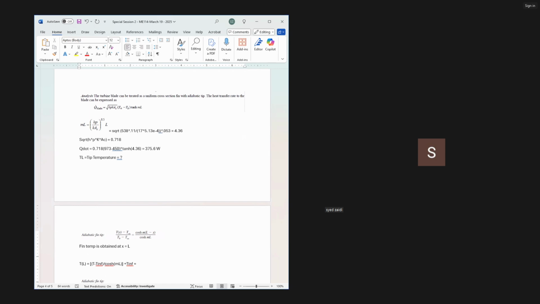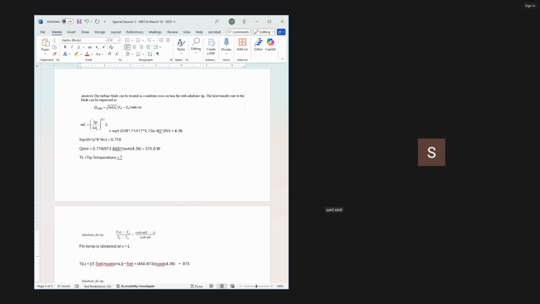Your TB is 450, minus T infinity, so that is 973, divided by cosine hyperbolic mL, which was how much? 4.36. This is your mL. And when you calculate that, then you add T infinity, which is 973.